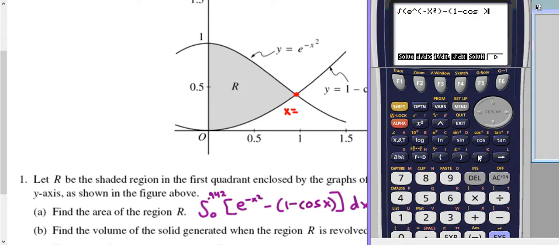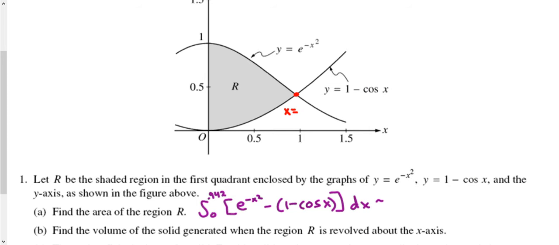And then we'll ask the calculator to do it from 0 to that value I stored in A. Oh, cosine of x. Self-sabotage, I forgot the x there. All right, so we get an answer of about 0.51 if I round that off. So this would be about 0.51 square units.